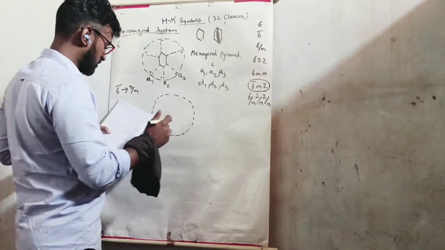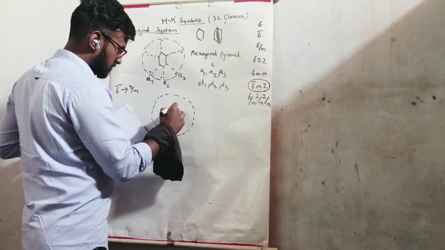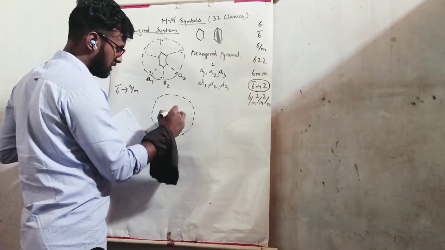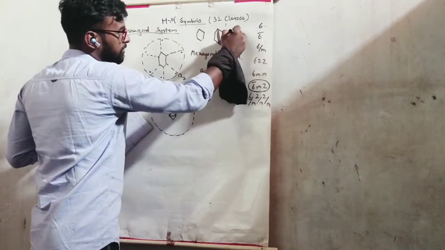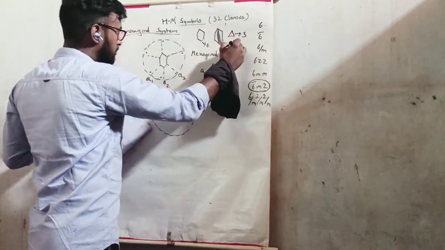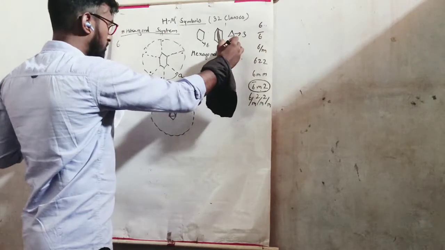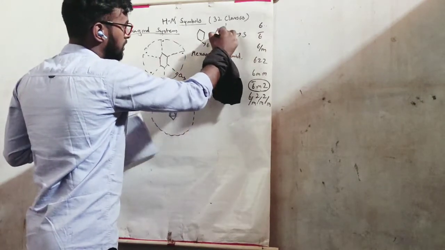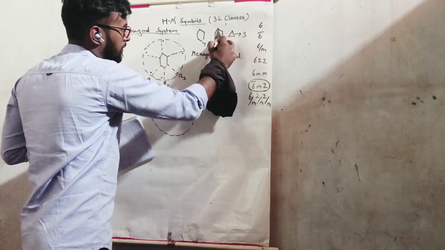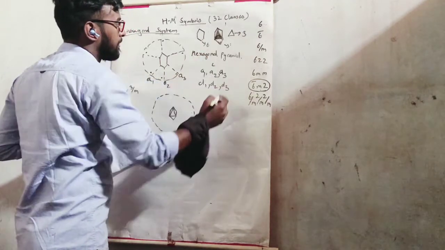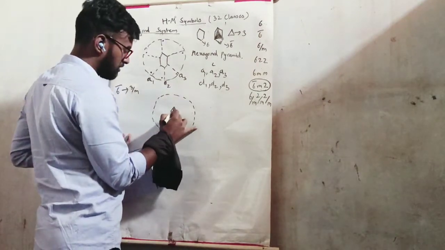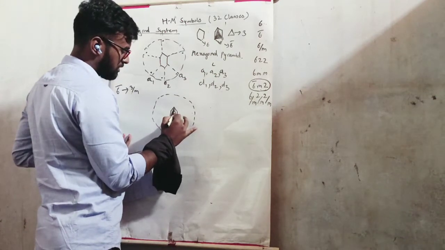Because of this, it will have a triangular representation, and the triangle is represented for 3. This is for 6. For 6 bar, we will represent it like this: a triangle, for 3 by m.